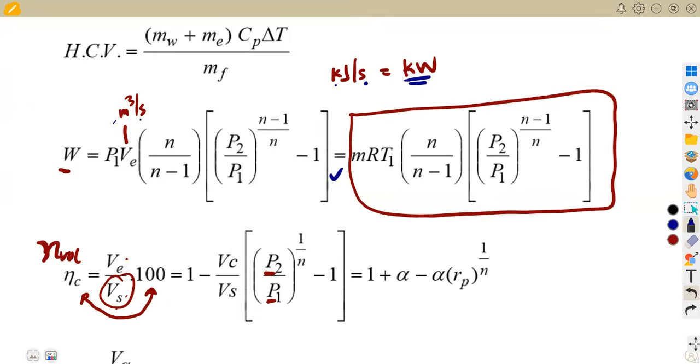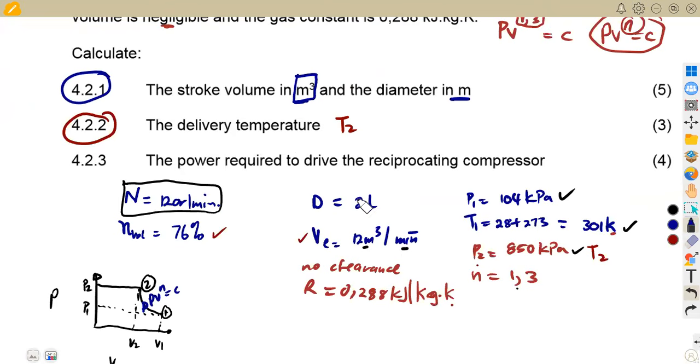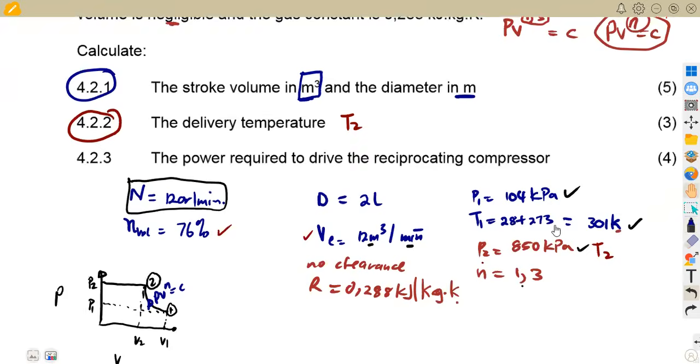All right, so let us have our formula into consideration. Remember, our formula was given in terms of work done, but here we shall write it as the power, because we are calculating the power in this case. All right, so that's 4.23.